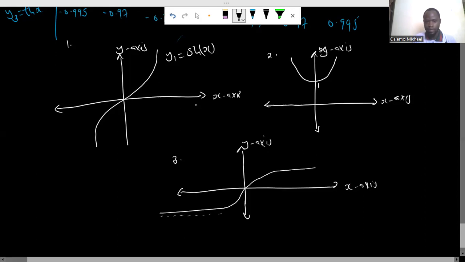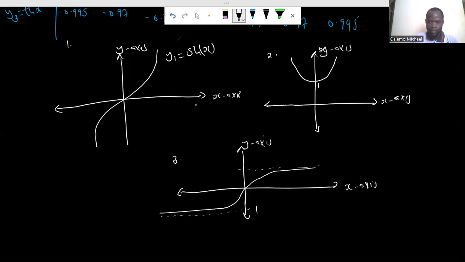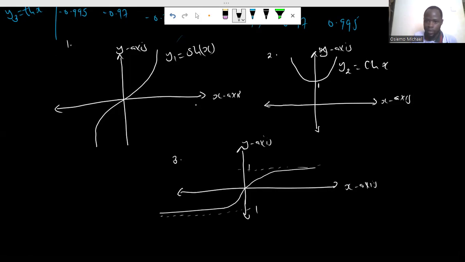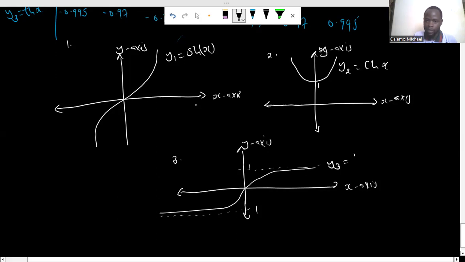You can check it's not surpassing -1, and it will not surpass +1. So this one here is y2, which is equal to ch of x, and this one is y3, which is equal to th of x.